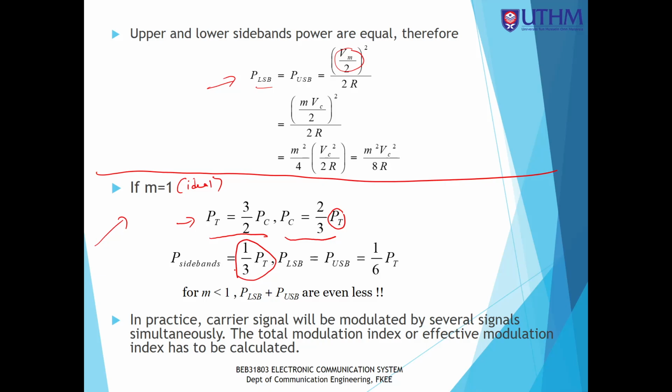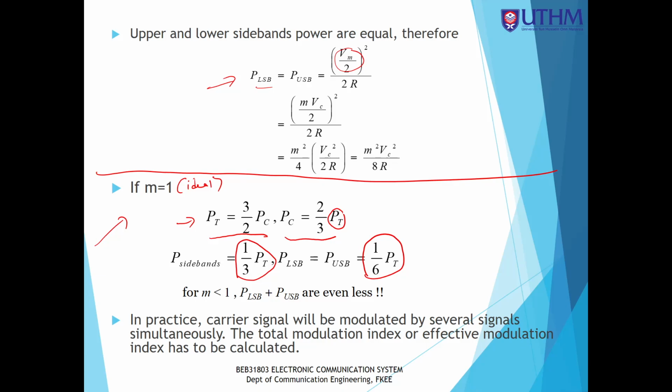If you want to find each sideband's power, we need to divide by 2. 1 over 3 divided by 2, so you get 1 over 6 of the total for each sideband. So you see that the sideband power is very small compared to the carrier power. And this is during the ideal case, the best case scenario.